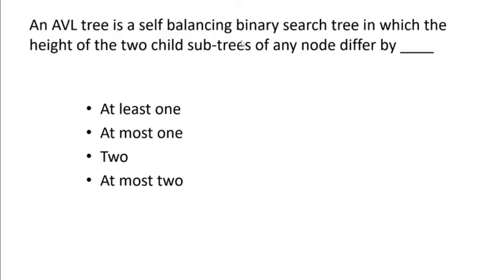An AVL tree is a self-balancing binary search tree in which the height of two child subtrees of any node differ by: at least 1, at most 1, 2, at most 2. What is the answer?